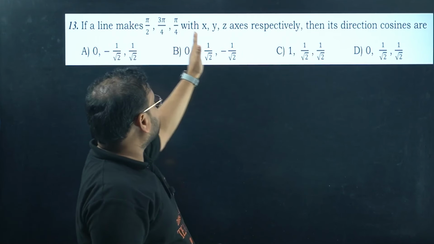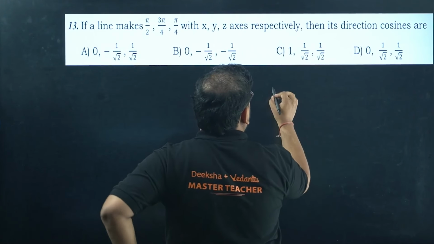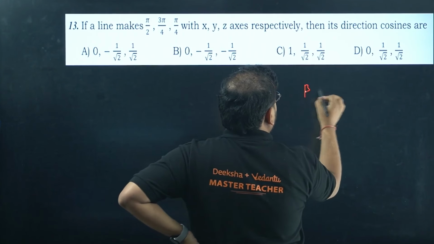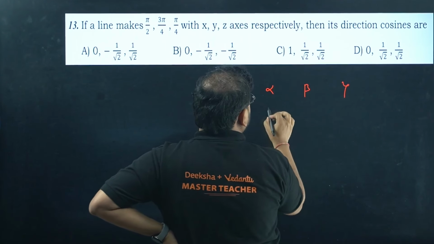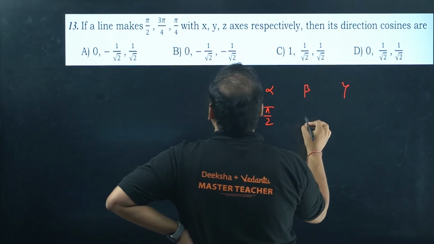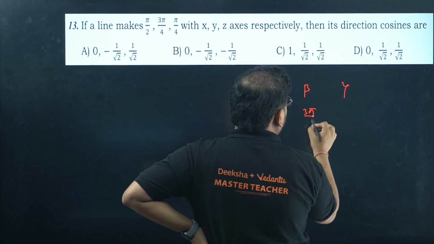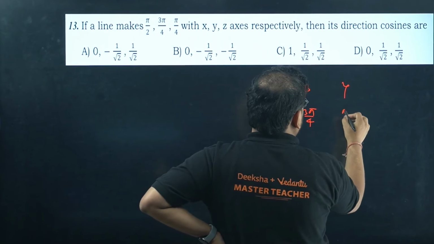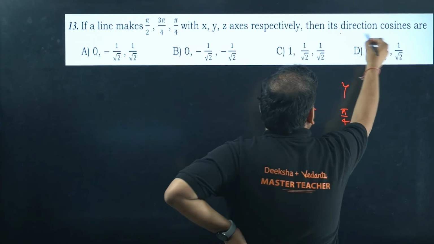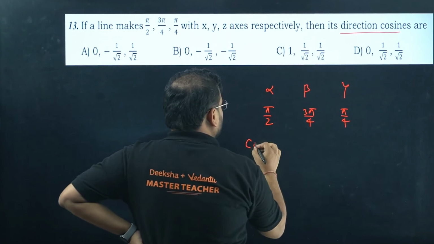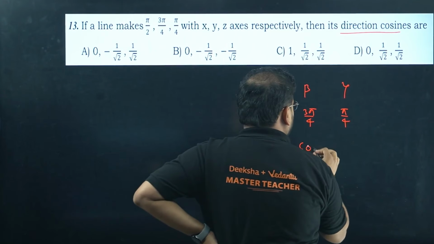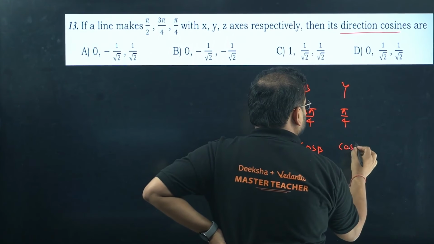A line makes these angles with XYZ axis, means your alpha, beta and gamma. Alpha is pi by 2, beta is 3 pi by 4 and gamma is pi by 4. They are asking us direction cosines. They are asking us cos alpha, cos beta and cos gamma.